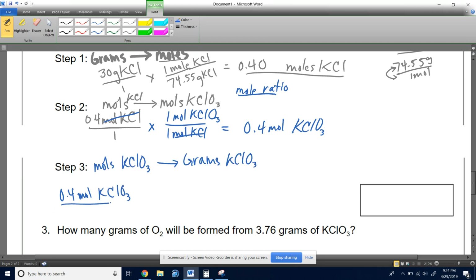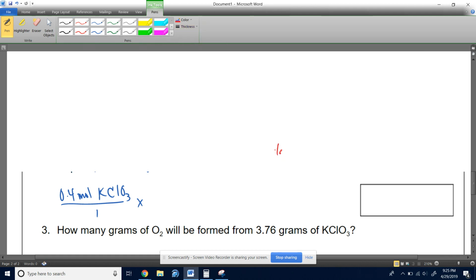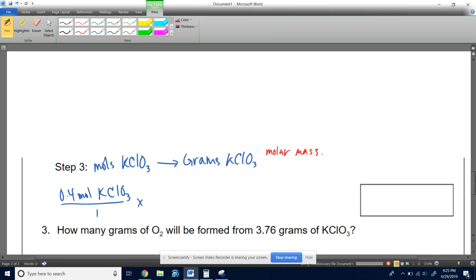We write that over 1. And now, in order for us to go from moles to grams, what are we using again, everybody? We're using the molar mass. Okay, that's what we're using next.